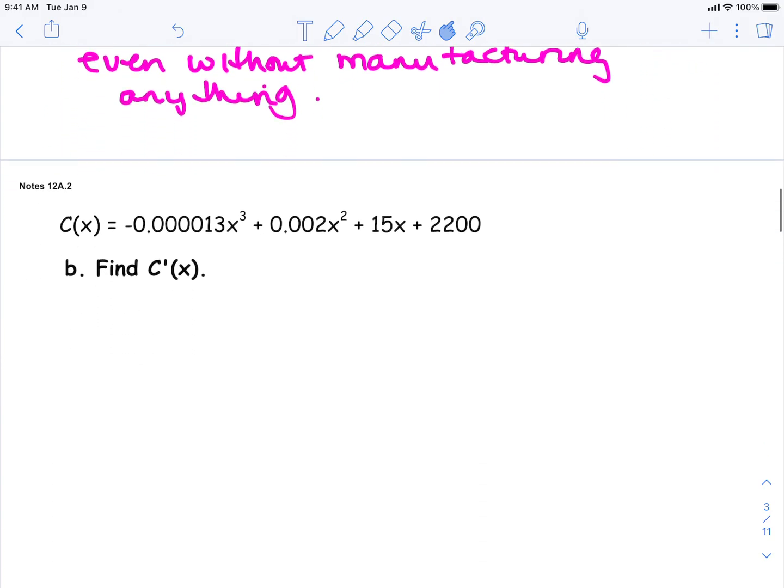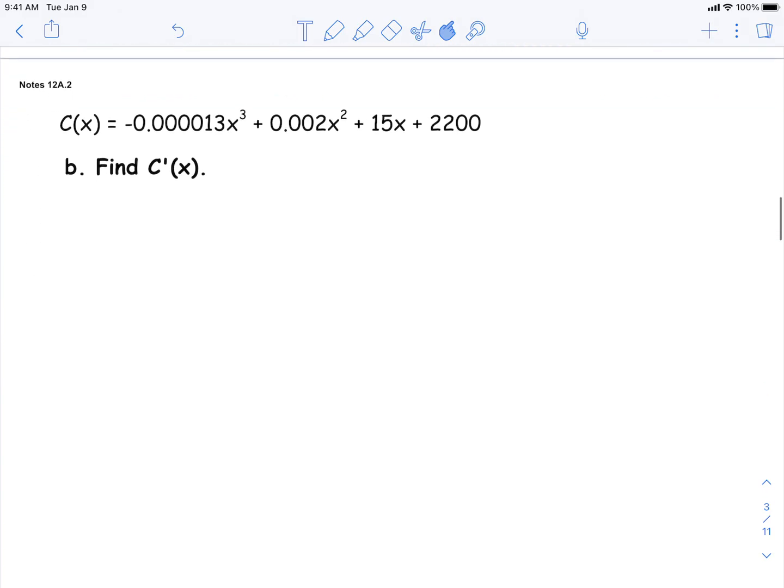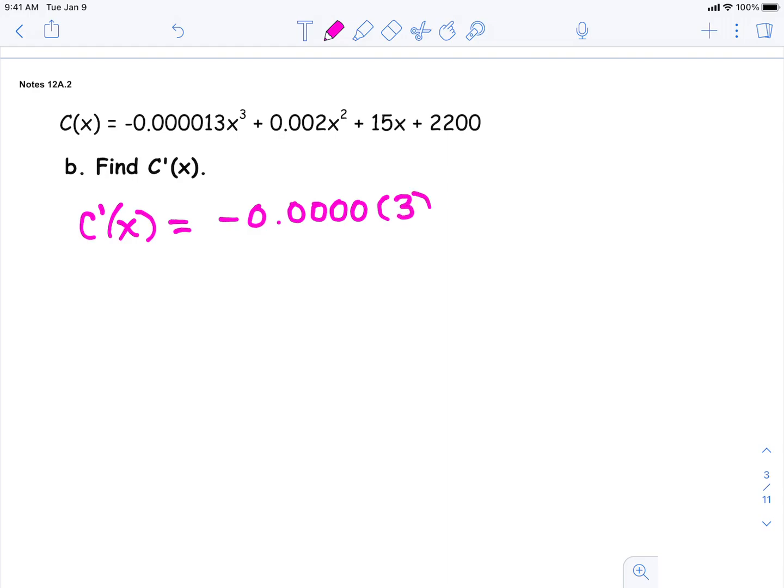Part B says find the derivative function. So let's find the derivative. We're going to bring down that power of 3, then subtract from our power, bring down our power of 2, subtract from our power, and then drop the x.